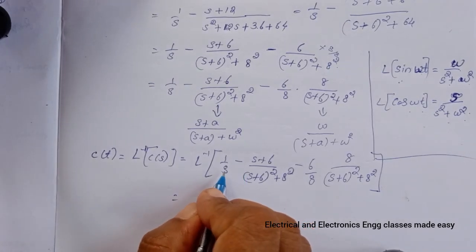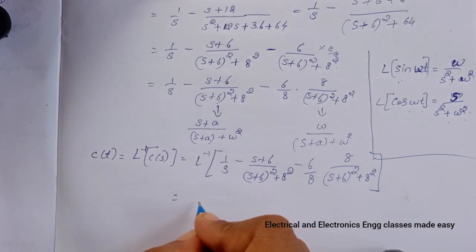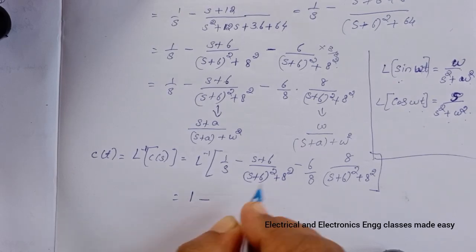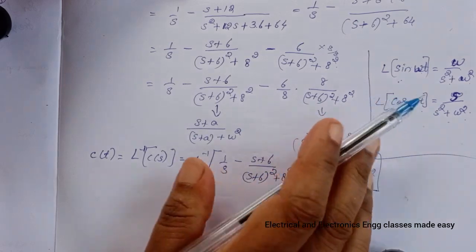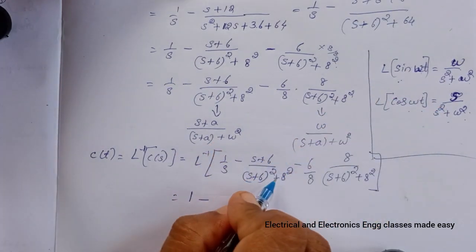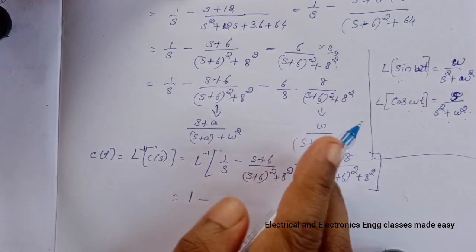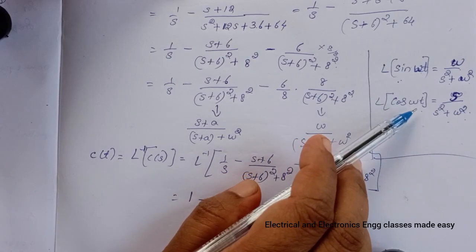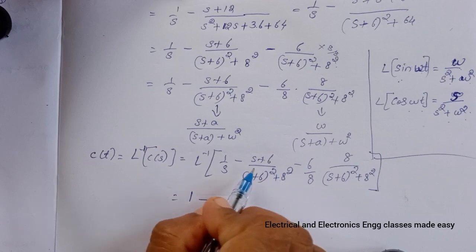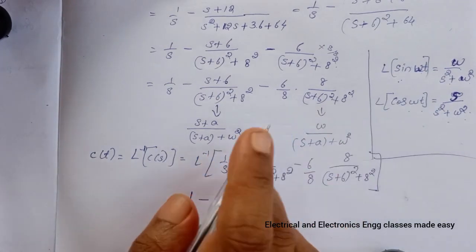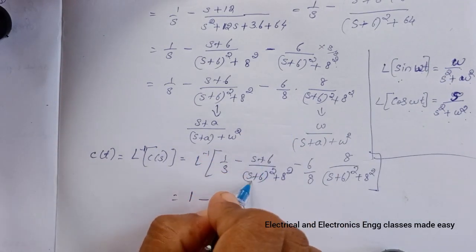The Laplace inverse of 1 divided by s is 1. Then minus, this is in the form of s divided by s square plus omega square, and that is cos omega t. So we get cos 8t, but here instead of s this is s plus 6.